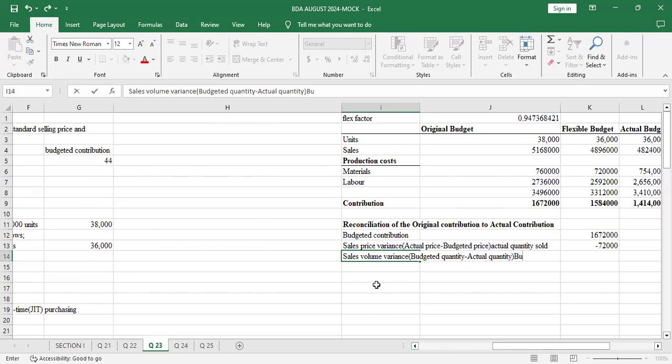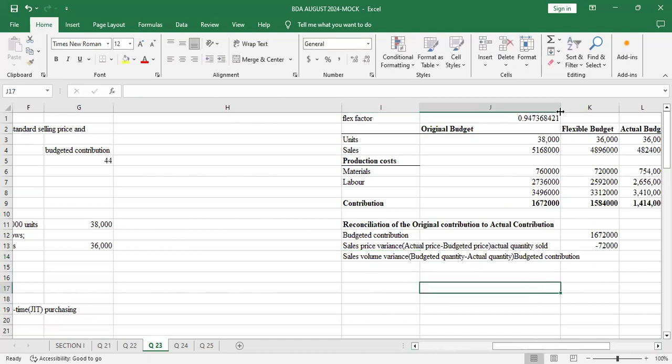So we'll multiply that by budgeted contribution. So allow me to extend this so that it doesn't overlap.